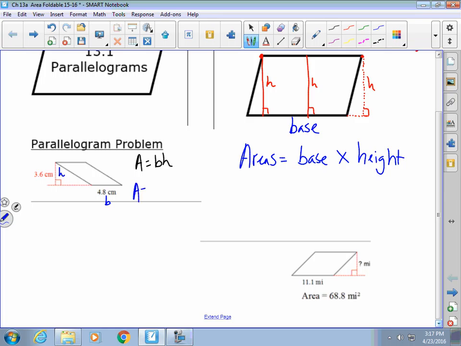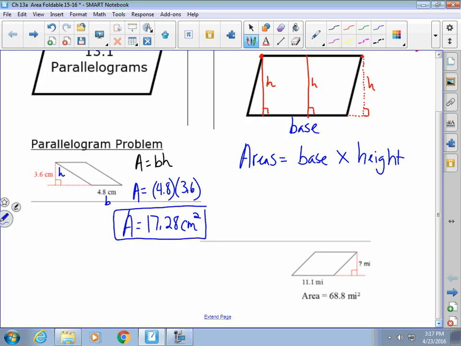So A equals the 4.8, in parentheses showing multiplication, times 3.6. And then we typed that into the calculator because we have decimals here, and the area for this parallelogram was 17.28. And since area is a measure of square units, that's centimeters squared. So don't forget your units, and we boxed our final answer.